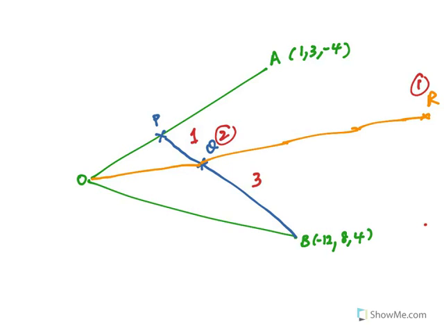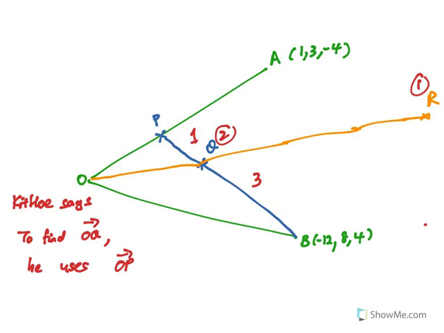So to find OQ, he uses OP and OB. Do you know why? Very good, we use the ratio theorem.